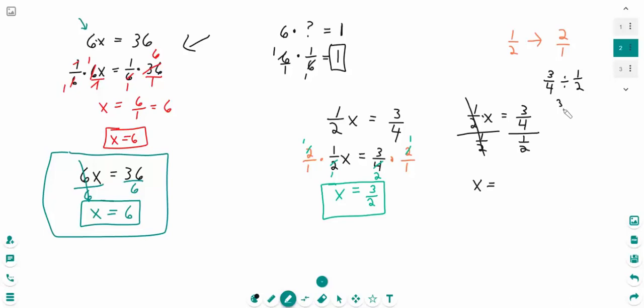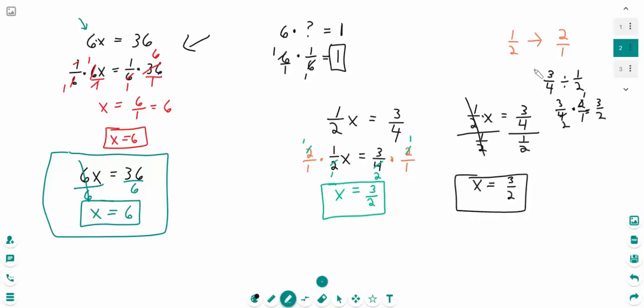And if we're going to do that, that has to become 3/4 times 2/1, right? Because we flip this, we take the reciprocal of it and change the division to multiplication. Then we can cross cancel, and we get 3/2. So 3/4 divided by 1/2 is in fact 3/2, and we get the same answer.